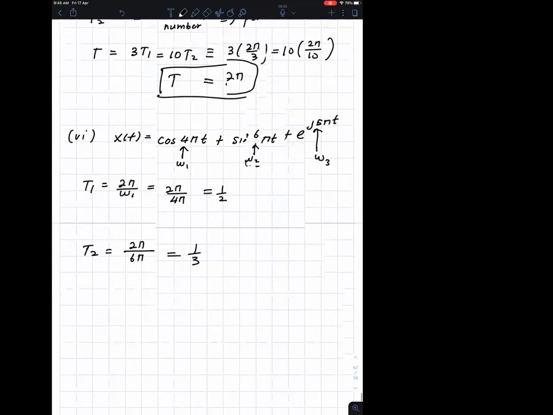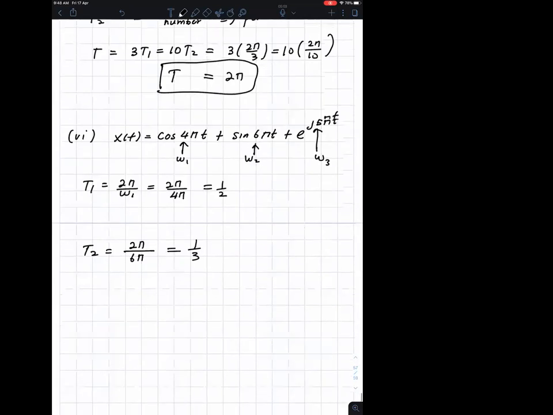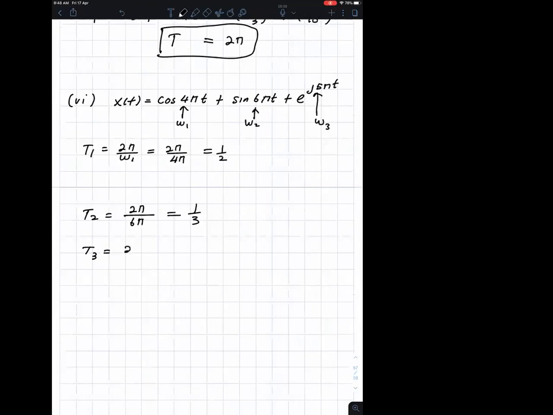T3 is 2 pi over 5 pi, which is 2 over 5. Is it correct so far? Let's try to do without mistakes. Okay, 1 over 2, 1 over 3, 2 over 5.